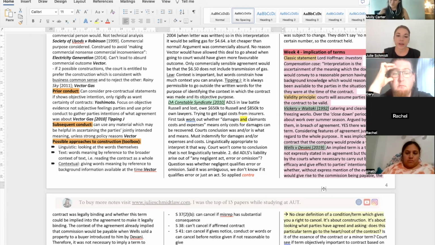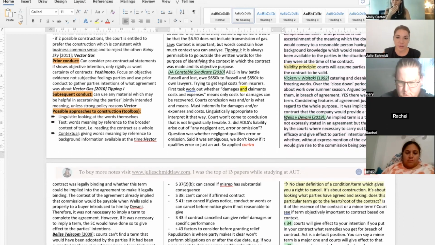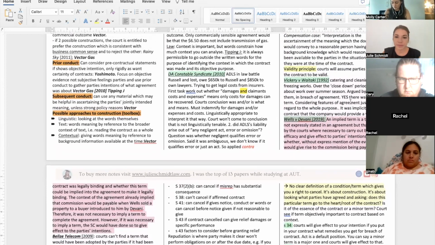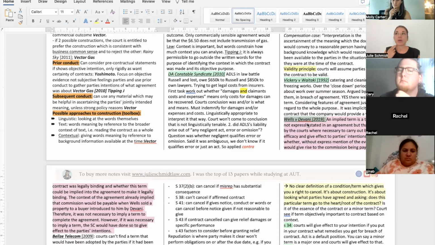Okay, so that's interesting. I'm thinking of this case, Wells and Devani. It is about an agent who was trying to sell, I think it was real estate, but I can't quite remember, sell something on behalf of someone else. And it was clear how much commission, but it just wasn't clear when the commission was going to come through.